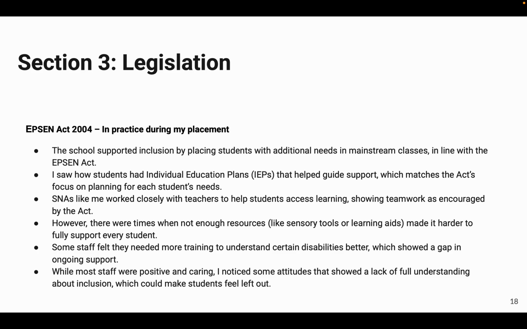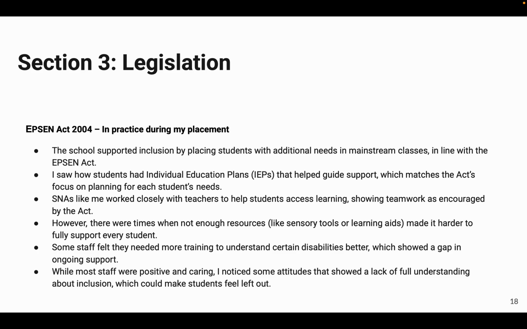I saw how students had individual education plans that helped guide support, which matches the Act's focus on planning for each student's needs. SNAs like me worked closely with teachers to help students access learning, showing teamwork as encouraged by the Act.